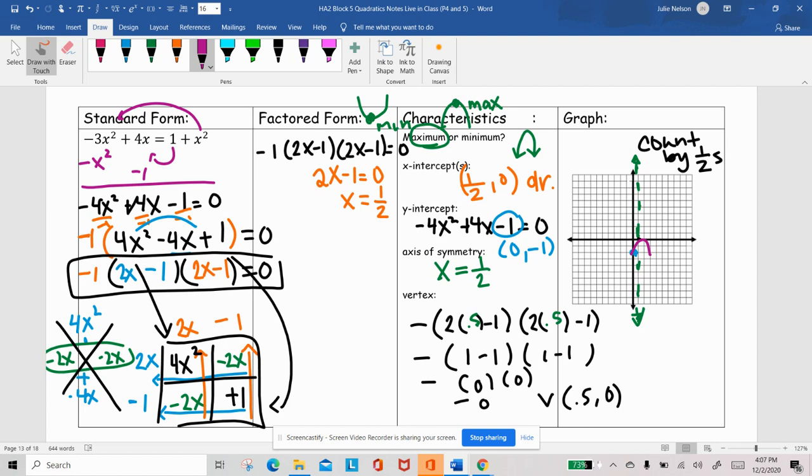The axis of symmetry is what cuts that parabola in half. So if half of it is to the left of that green line, the other half has to be to the right. That blue dot is one space to the left, like half a space, but we call it one space because we're counting by halves. So if I go one space to the right, now I can connect my parabola a little more accurately.